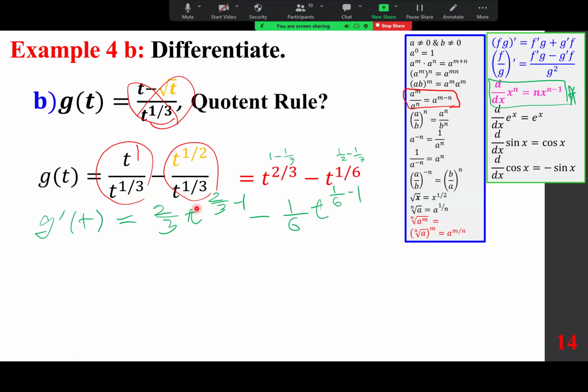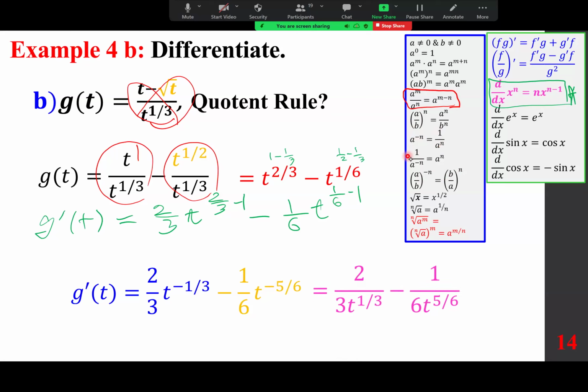This results in negative 1/3, this results in negative 5/6. Negative goes down, becomes positive in both cases. And we are looking at this concept, negative goes down, because of the negative exponential rules. And the answer is 2 over 3 t to the power 1/3 minus 1 over 6 t to the power 5/6. And you're done.